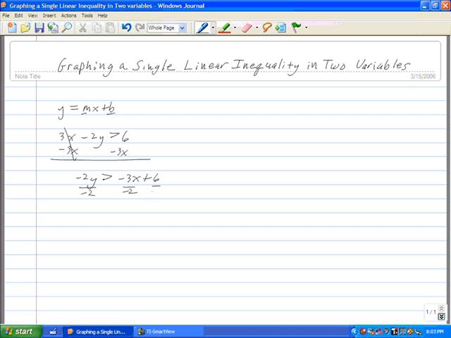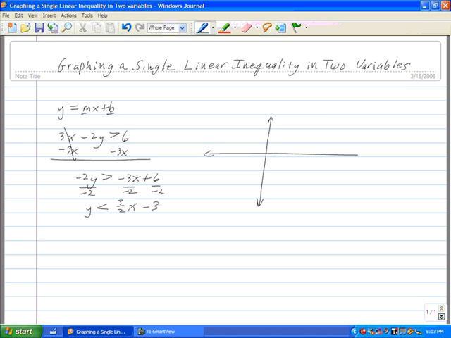But remember, with inequalities, whenever you multiply or divide by a negative, your inequality symbol has to turn around and face the other direction. So what started off as a greater than problem is actually turned into a less than problem because of my division by a negative number.